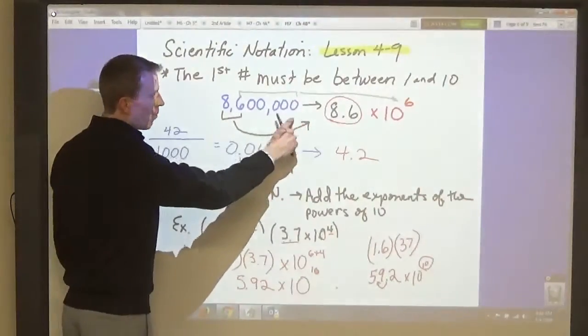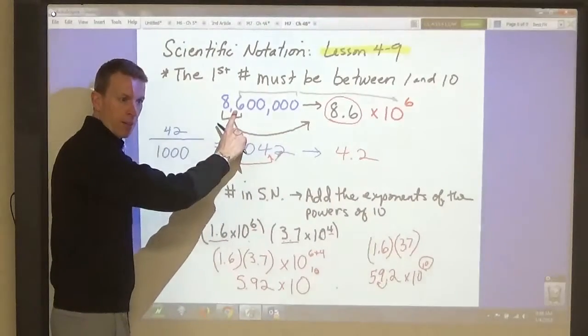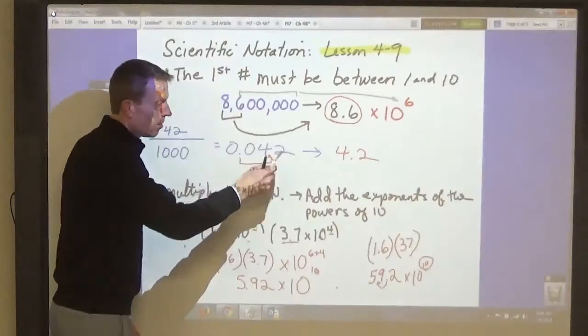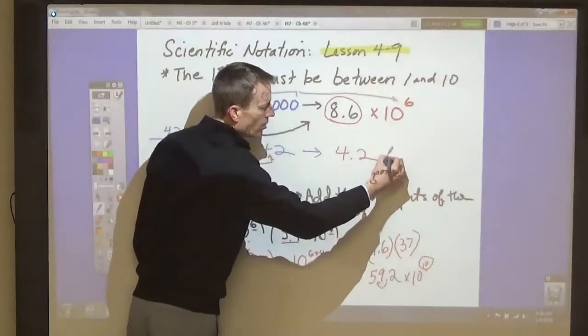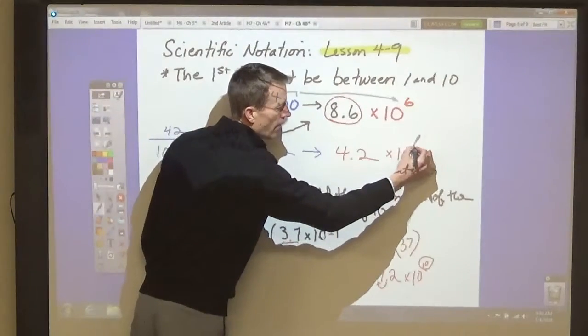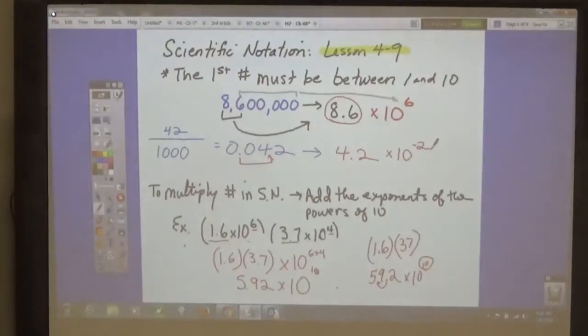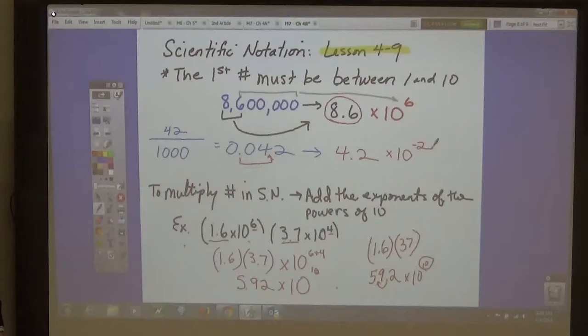Instead of moving the decimal place to the left with a really big number, when you're translating a really small number, you're moving it to the right. So you write times 10, and it's a negative exponent. Yep. 4.2 times 10 to the negative 2nd power.